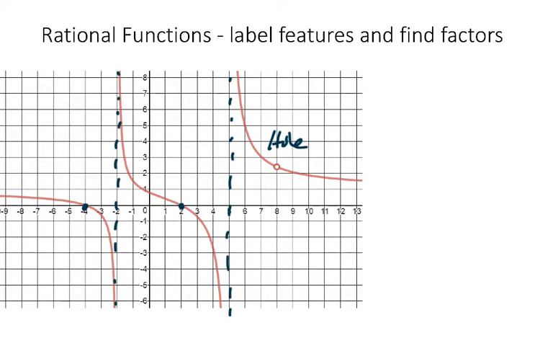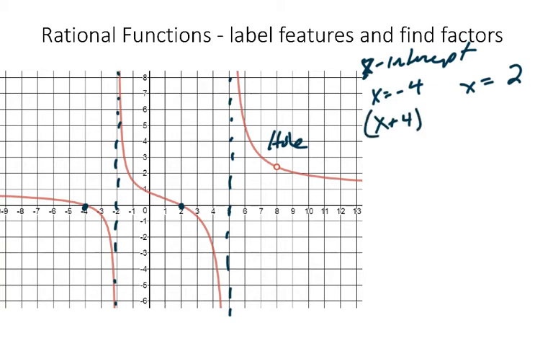So let's figure out our terms here. For my zeros, my x-intercepts, if you will, I've got x equals -4, and I've got x equals 2. So that's going to give me the factors x plus 4 and the factor x minus 2 when I solve. For my vertical asymptotes, I've got x equals -2, and I've got x equals 5.